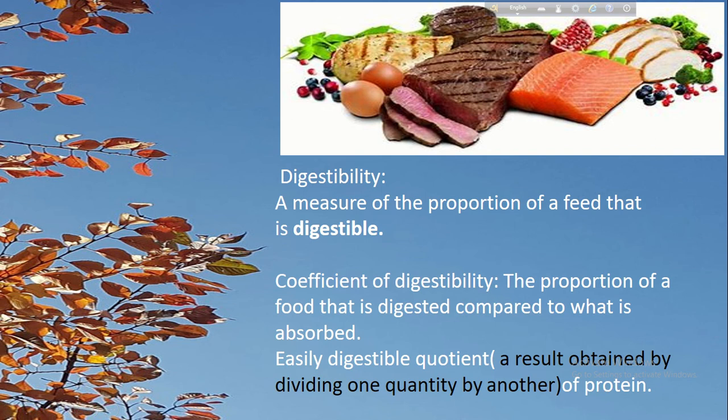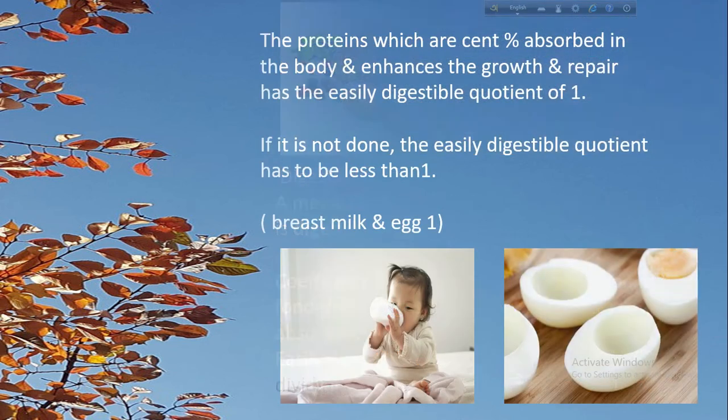The coefficient of digestibility occurs, that is, follow, the proteins which are 100% absorbed, that is, what you take is totally absorbed in the body and enhances the growth and repair, has the easily digestible quotient of 1. And if it is not done, the easily digestible quotient has to be less than 1.